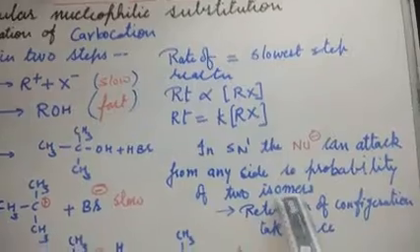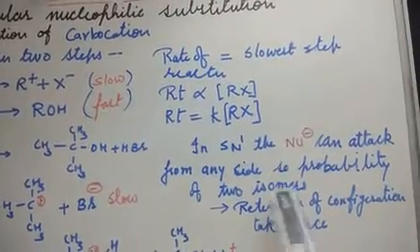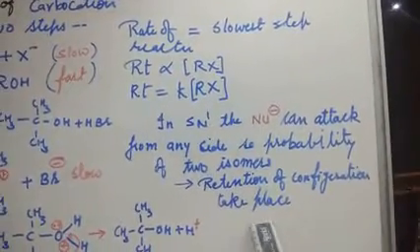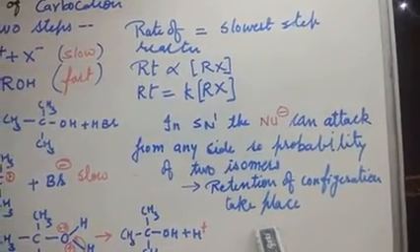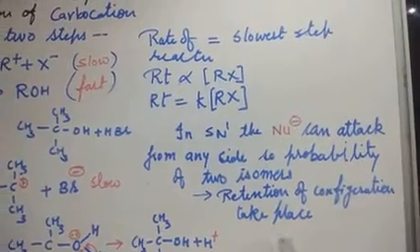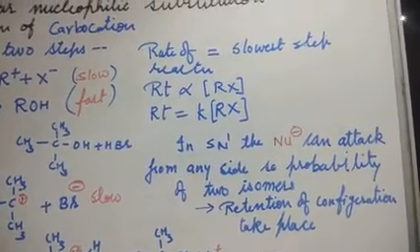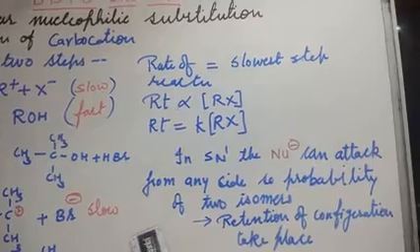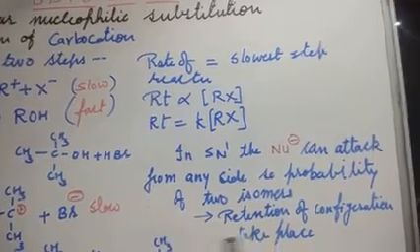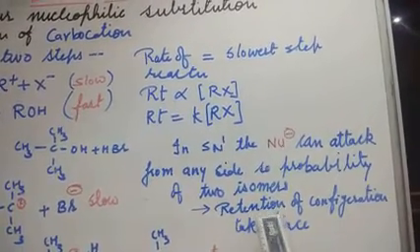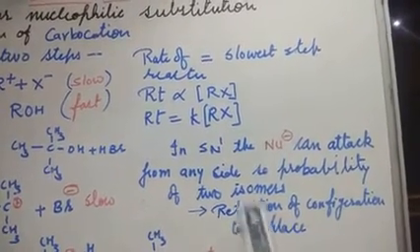And I'm telling you that in SN1, retention of configuration is taking place. Retention meaning configuration is not getting inverted as we observed in case of SN2, that the rotation was taking place by 180 degree. But here no inversion of configuration is taking place.